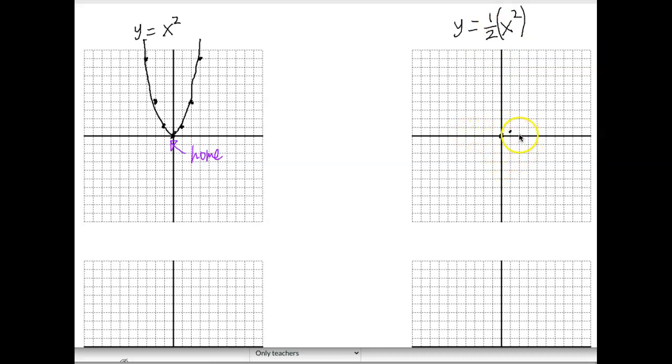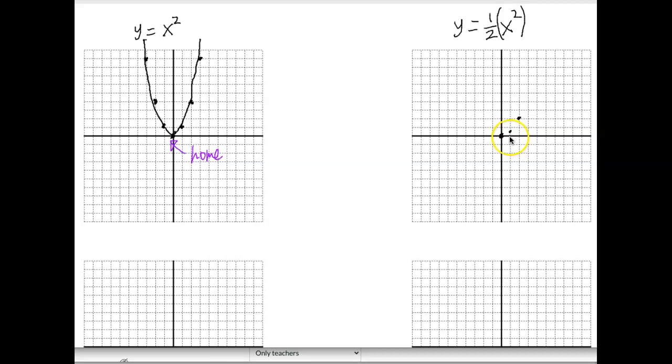And when I go to the right 2, I would go up 4, but now I need to multiply that by 1/2, so I only go up 2. And at this point, I'm not going to even want to play with 3, because then it's going to be 9/2. But if I were to go over 4, 4 squared is 16, and then 16 times 1/2 is going to be 8.